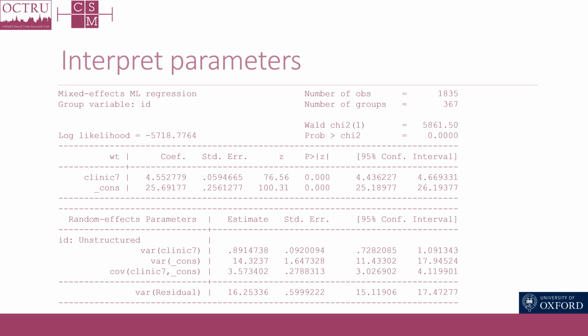Let's look at the output after fitting this random intercept and slope model. You must have noticed that the time variable is now slightly different. This is because we recoded the time variable clinic, and it's called now clinic 7, and we recoded it in such a way that age 7 is now time 0. This way, the intercept represents the mean at age 7.